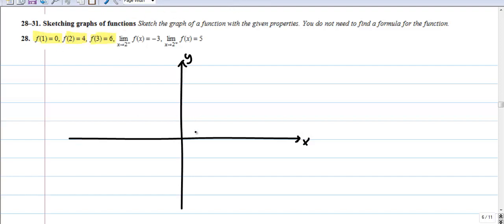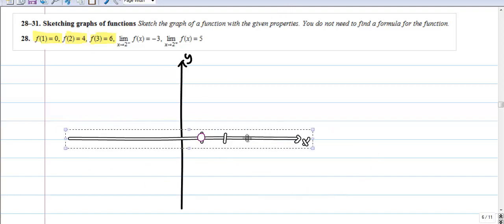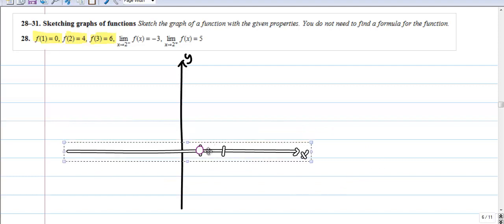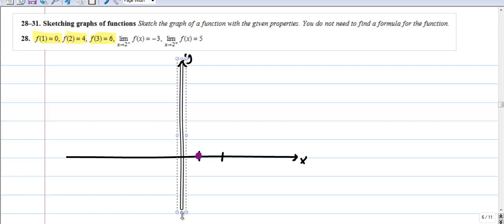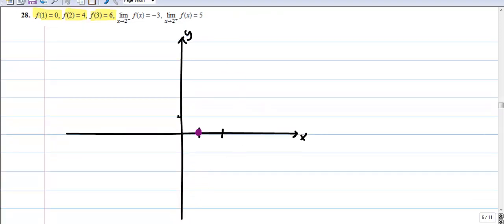So f of 1 equals 0, so that would be right here. f of 2 equals 4. So let me do this. They're a little bit bigger. 1, 2, 3, 4. So that would be a point right here. And then f of 3 equals 6. Dang it, let me do this. I need more of them. So let me scale it like this. 1, 2, 3, 4, 5, 6.